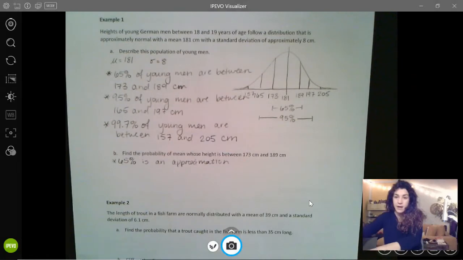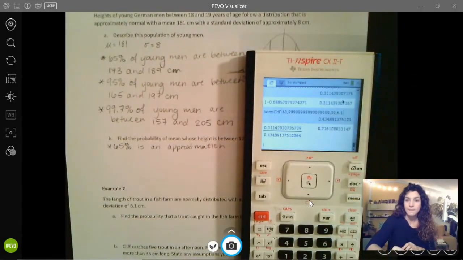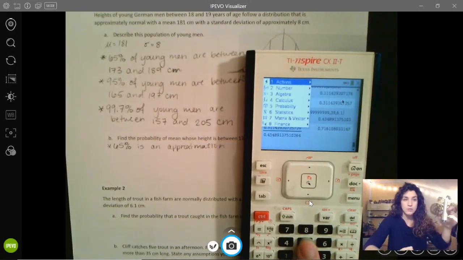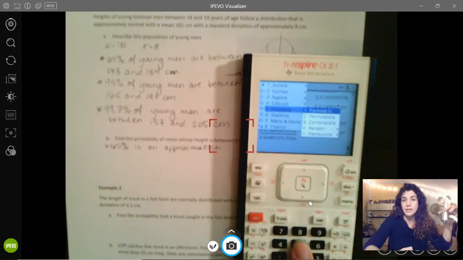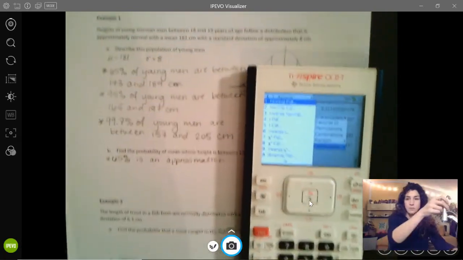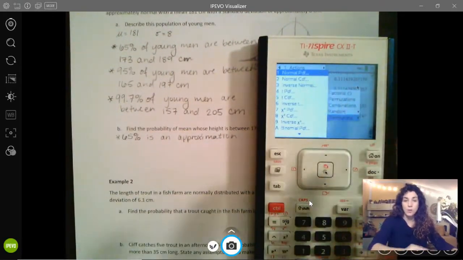So how we find this on our calculator is that we go to menu, and we go to probability, which is 5, and then distributions, which is 5. And then we want to do normal.